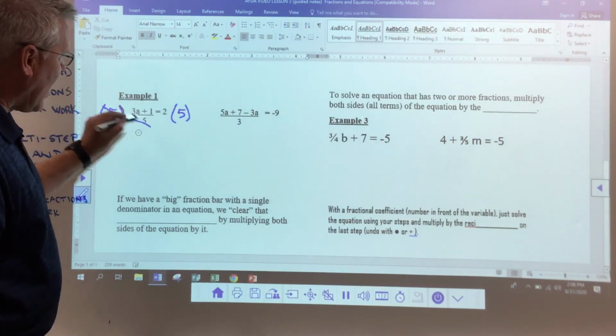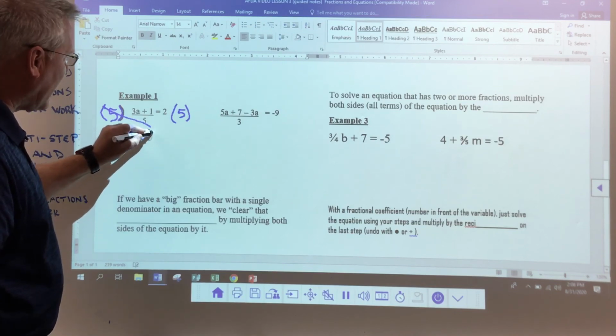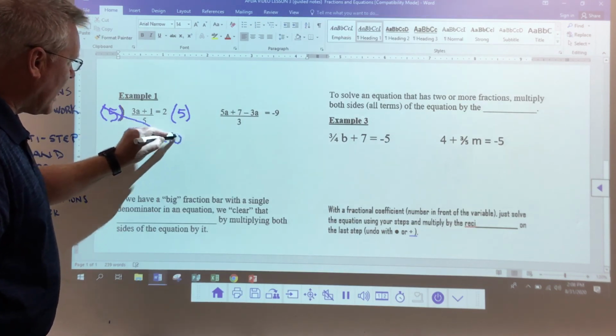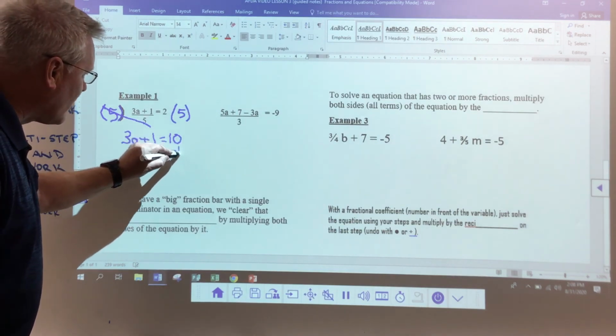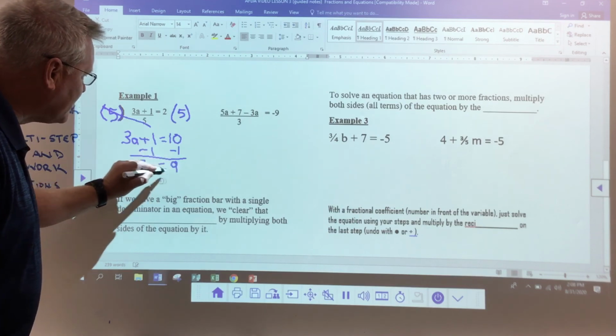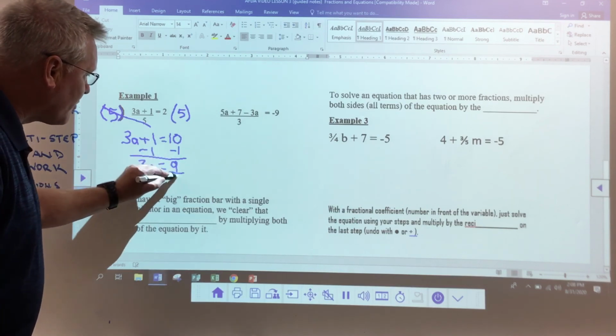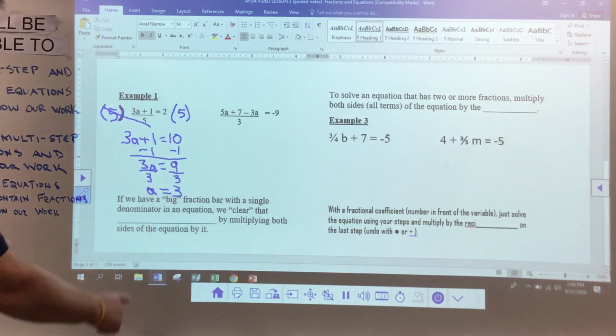That clears that out, makes a 1. So we wind up with an equation that looks like this. 3a plus 1 is equal to 10. Now you recognize that as a 2-stepper, so you can go to town on it. Subtract 1 from both sides, you get 3a is equal to 9, divide by 3, and you have a is equal to 3.